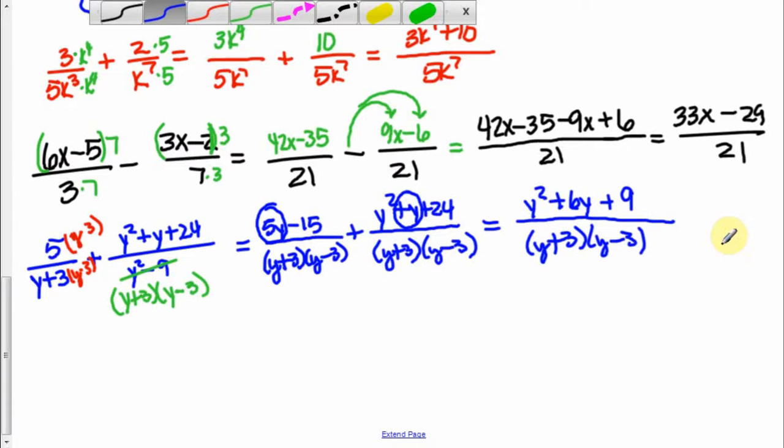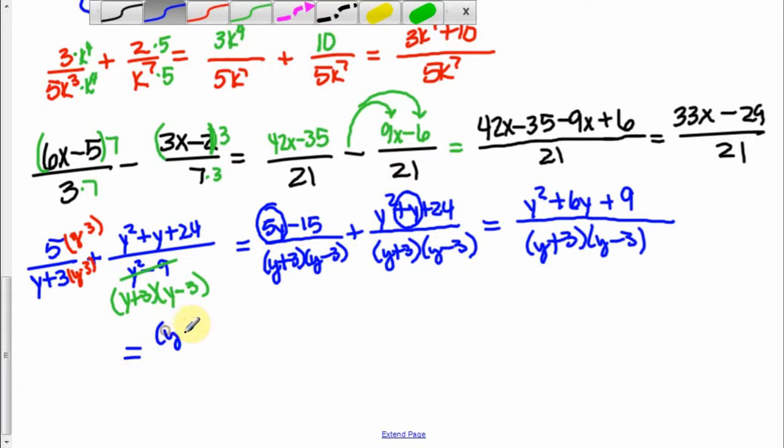Now you have to check and see if this will factor, and if any of its factors will cancel with any of these down here. Okay? So will this factor? Are there factors of 9 that add to be 6? What are they?